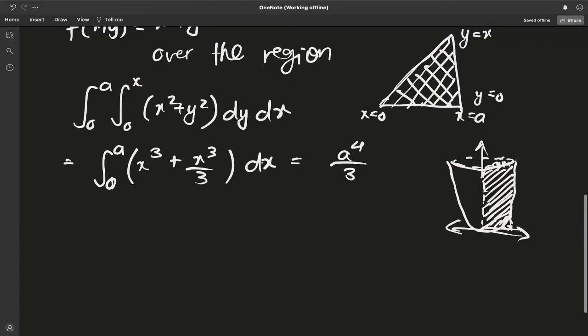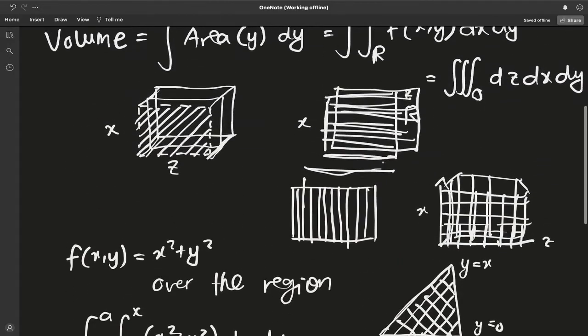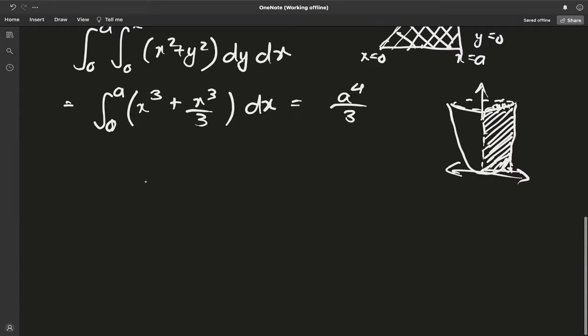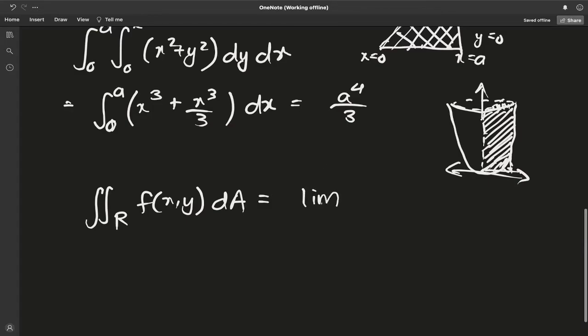we know the basic idea of these multiple integrals, but what do they look like in terms of Riemann sums? Say, if you have the integral of f of x, y dA. Being more general here now, this is nothing but the limit as delta xi goes to 0, delta yj goes to 0 of the sum over i and j.